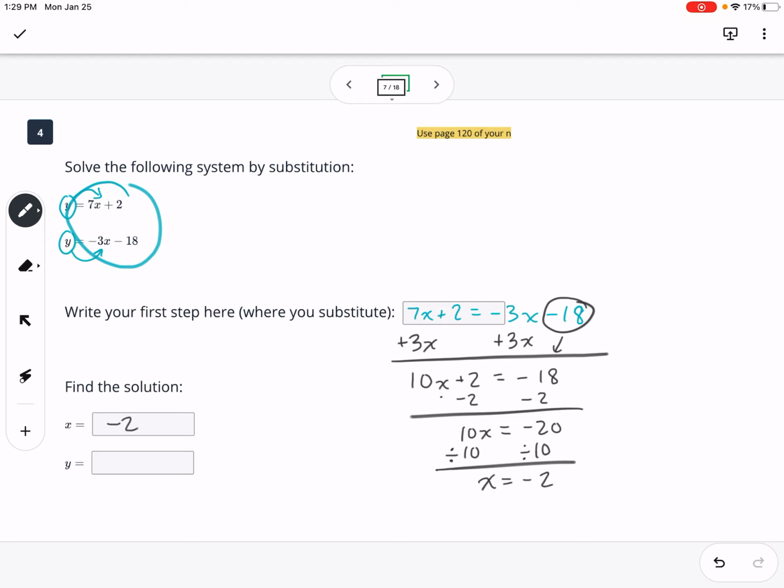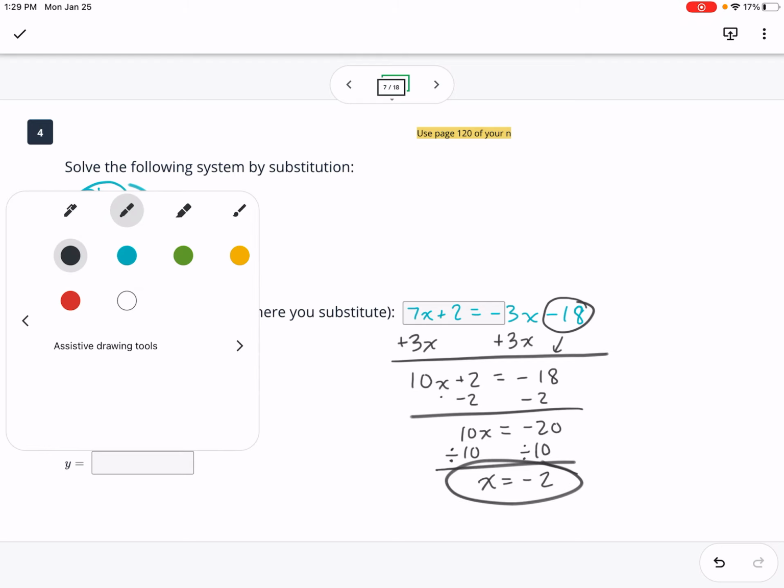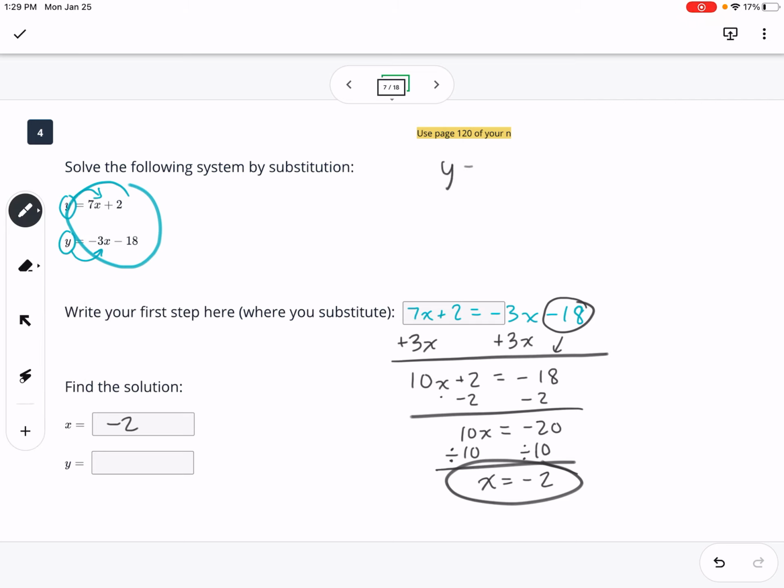And now I'm going to plug back this x equals 2. I'm going to plug it back into both equations, and that is how I'm also checking my answer, by plugging it into both. So I'm plugging negative 2 into both of these equations.